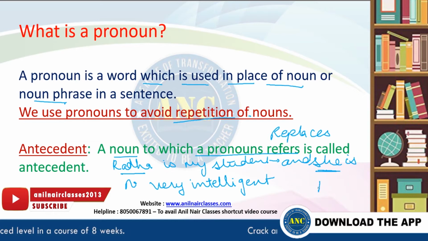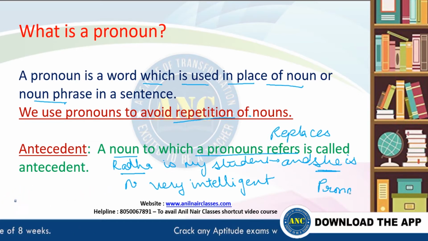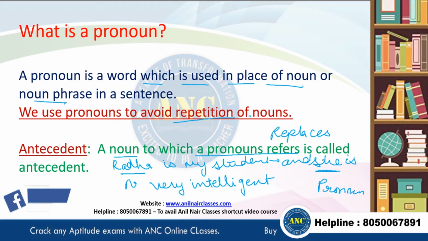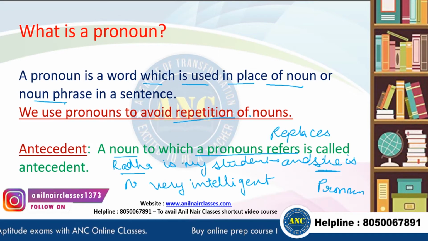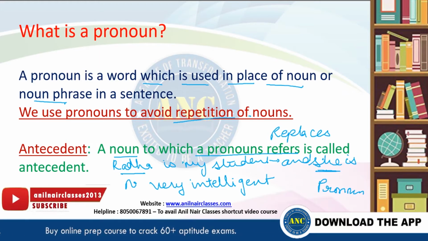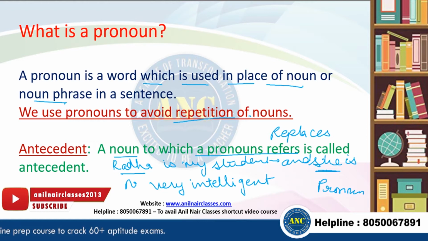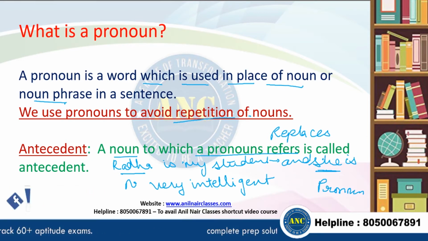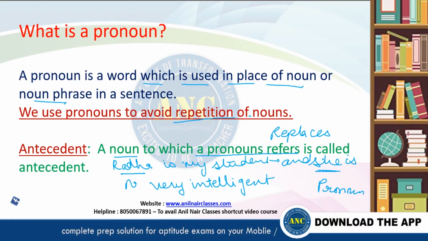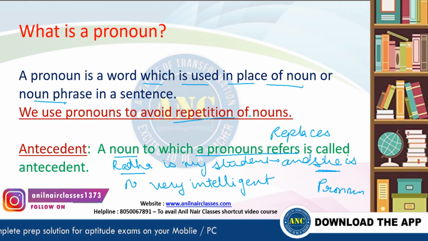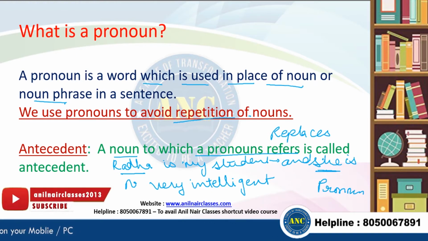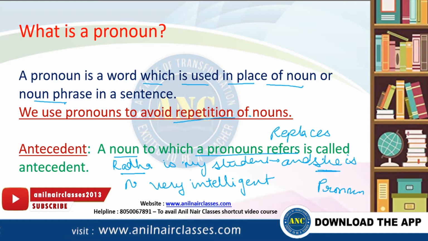She is a pronoun, and it refers to the noun Radha. So she is a pronoun and Radha is the antecedent for the pronoun she. Clear? The point of this slide is that we should know the definition of pronoun. Pronouns are the words which are used in place of nouns or noun phrases to avoid their repetition. An antecedent is a noun to which your pronoun refers or which it replaces. Fine. Next slide, let's move ahead.